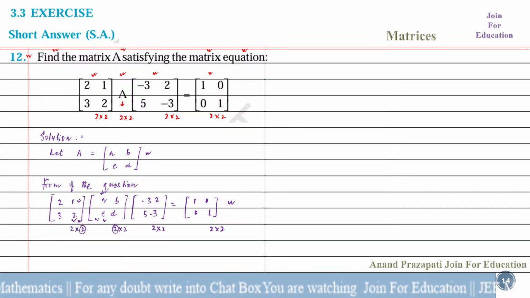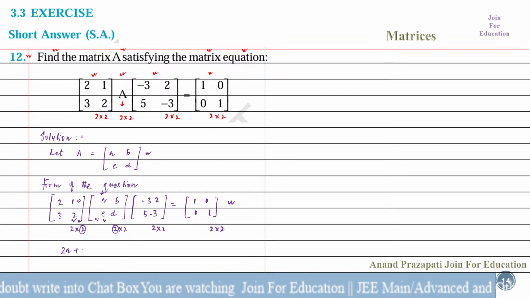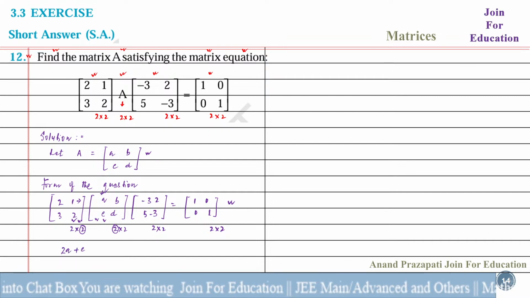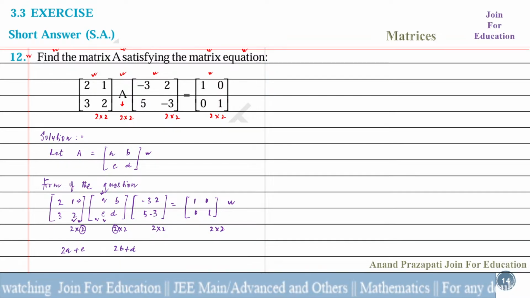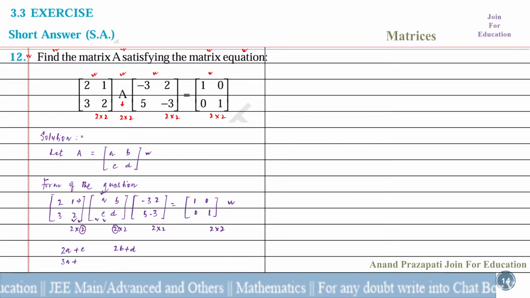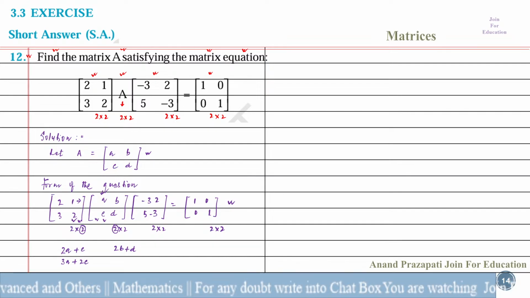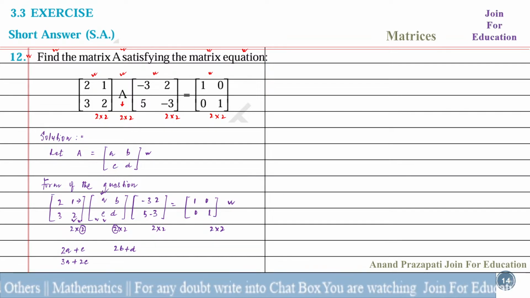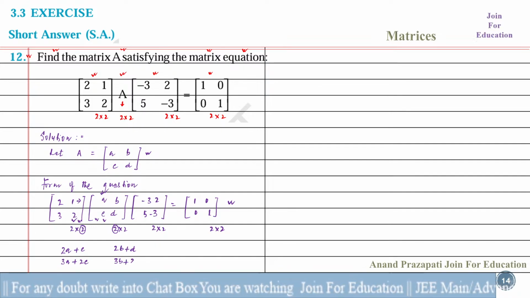So 2a plus c, and we write down here 2b plus d, and here will be 3a plus 2c, and here will be 3b plus 2d.